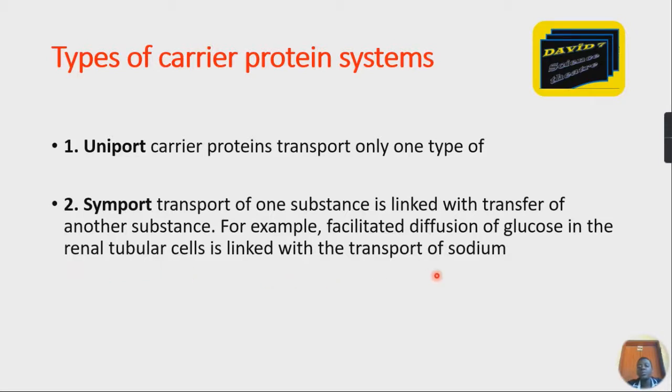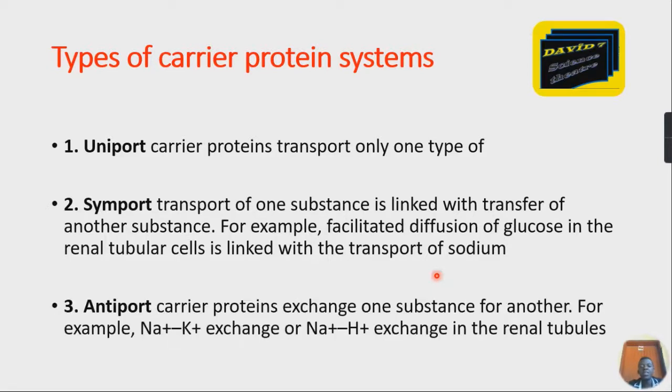To reabsorb glucose within the kidney nephron, we use sodium first, then we carry it along with the glucose. That is a symport transport system. For the antiport transport system, the carrier proteins exchange one substance for another. For example, we have sodium-potassium exchange or sodium-proton exchange in the renal tubules.